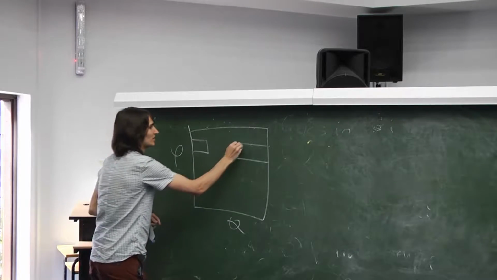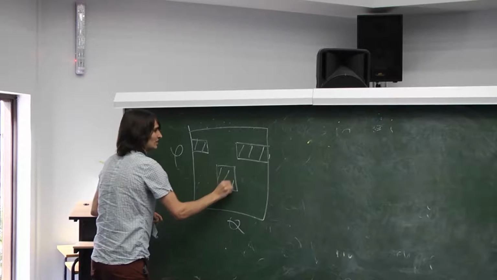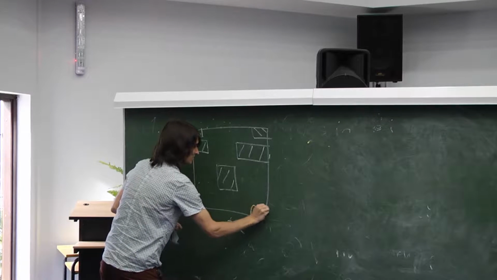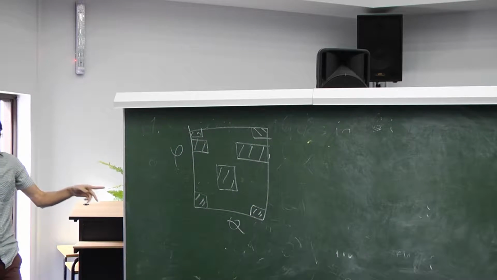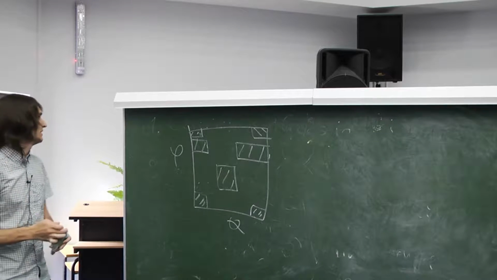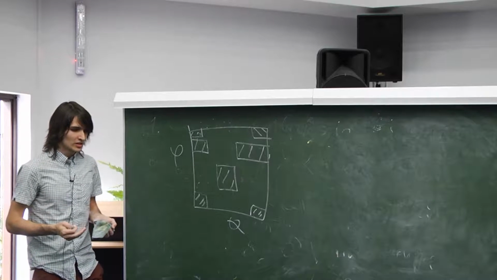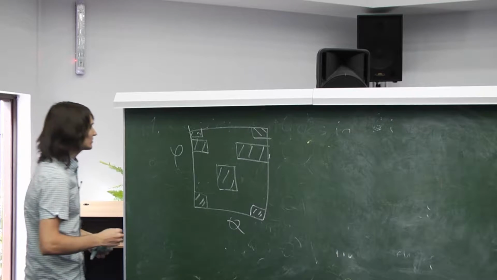For example, this is a rectangle, or this, or this. Here are three rectangles on this picture. The rectangular surface consists of rectangles.